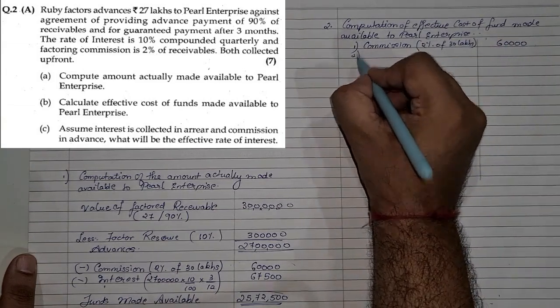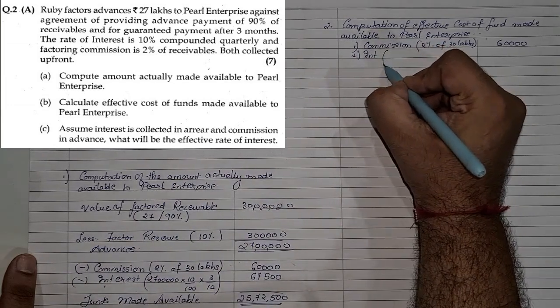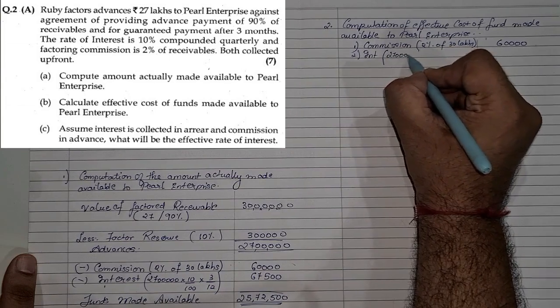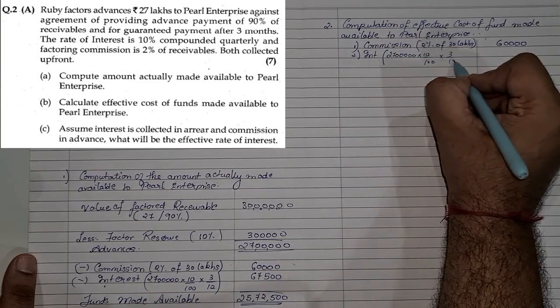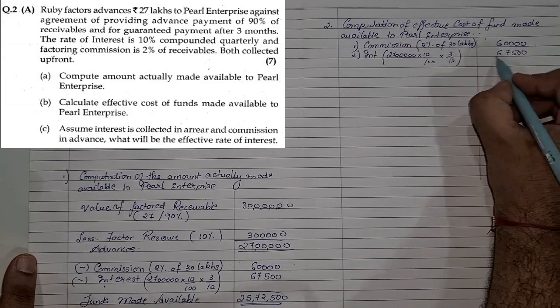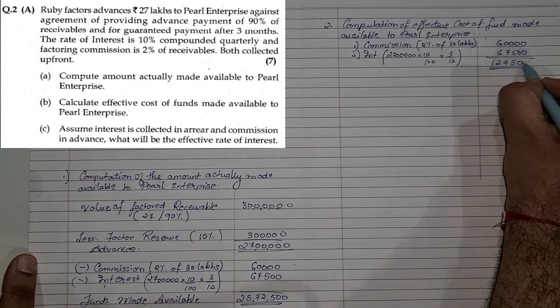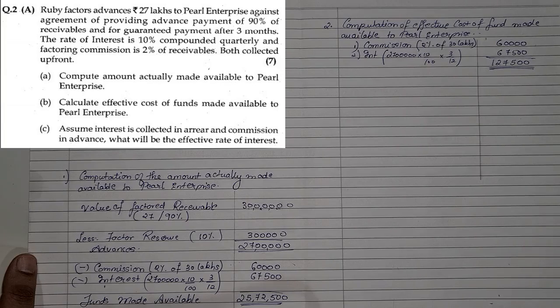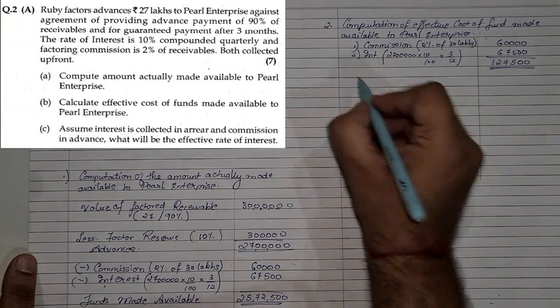The second one was interest, which was 27 lakhs into 10% into 3 divided by 12, which came to 67,500. The total cost is 1,27,500.